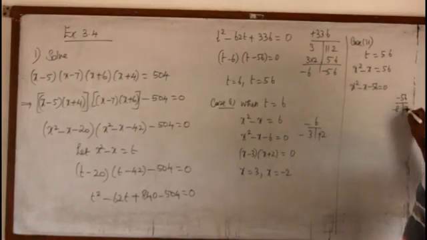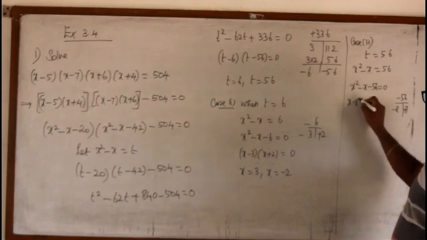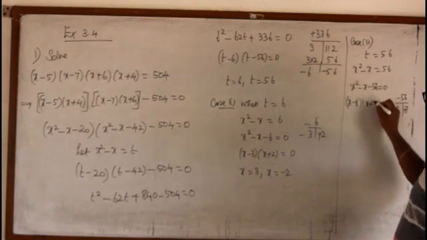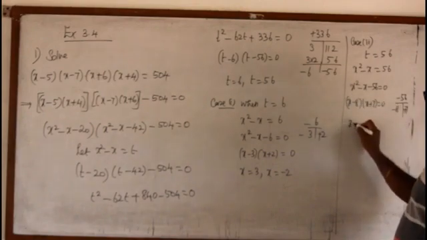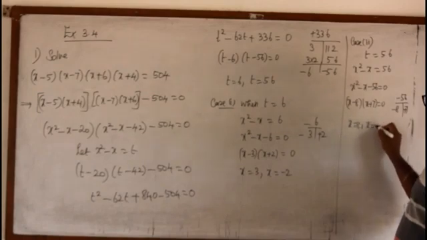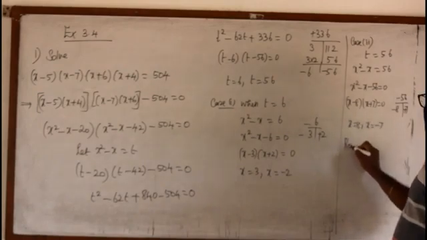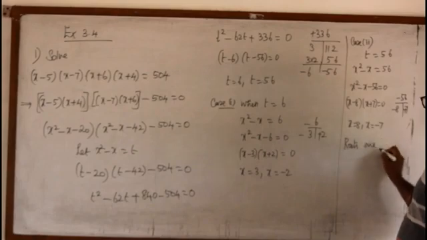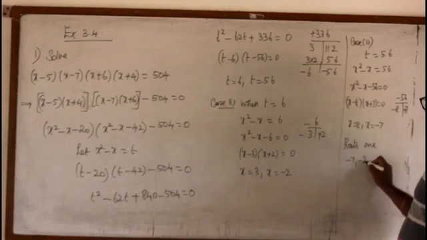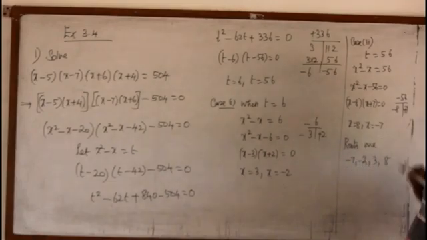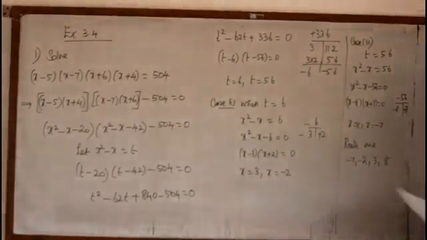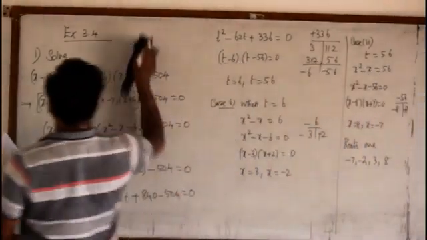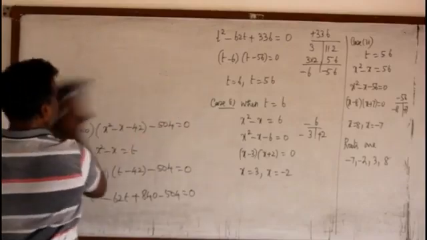It is minus 8 plus 7. It is (x minus 8)(x plus 7) equal to 0. x equal to 8, x equal to minus 7. So we got all the 4 roots. Roots are minus 7, minus 2, 3 and 8. With that, exercise 3.4, first problem is over.